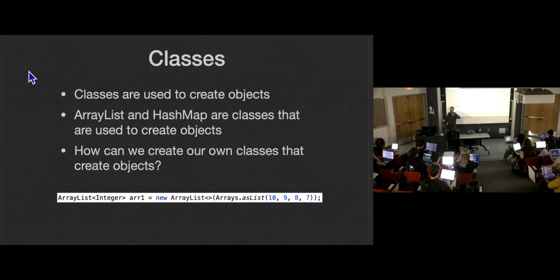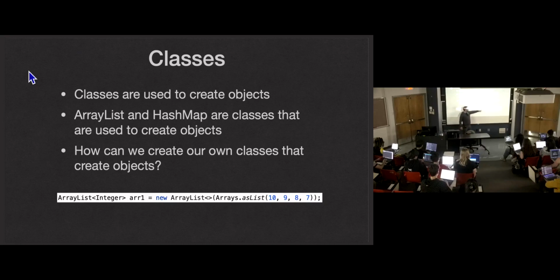Isn't that cool? What I want to explore starting today is how do we write classes where we can say new and then my class and create what we call an object of that type? So we can create new array lists with this. How do we create our own classes that work the same way array lists do?